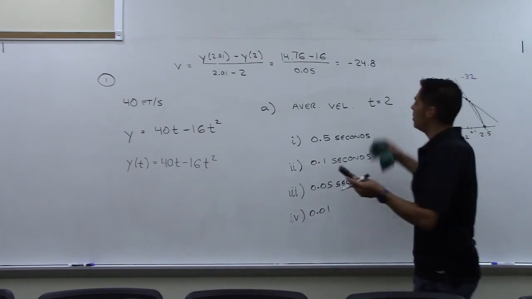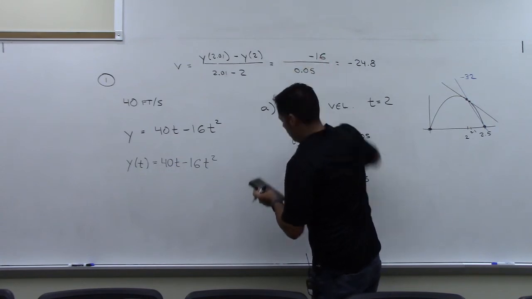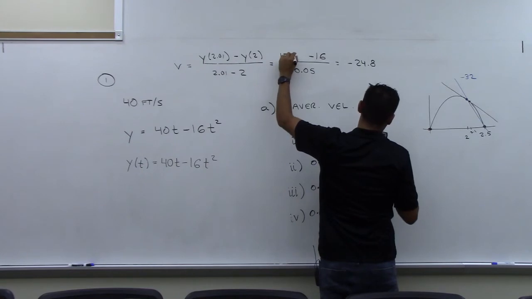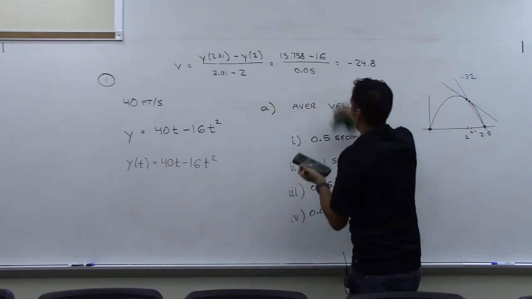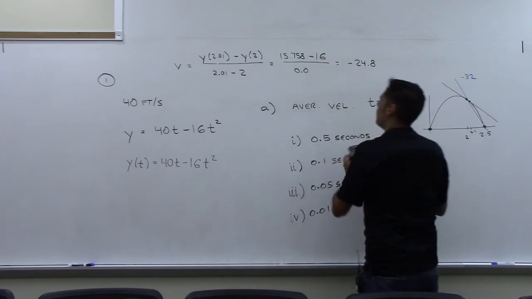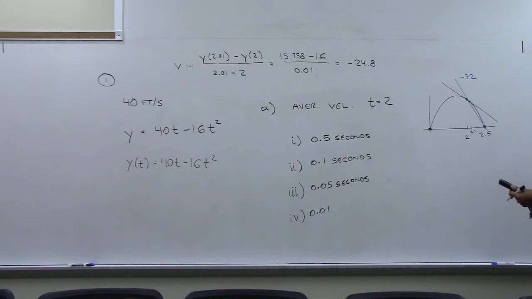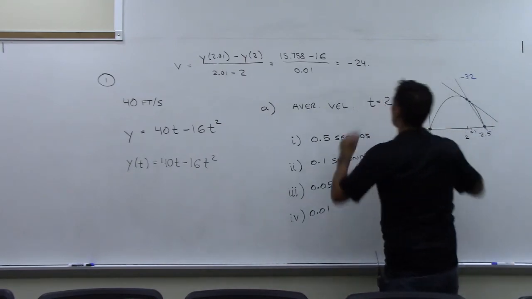I get 15.78 or 758 something. Good enough. This changes to 0.01. Divided by, I get negative 24.16.